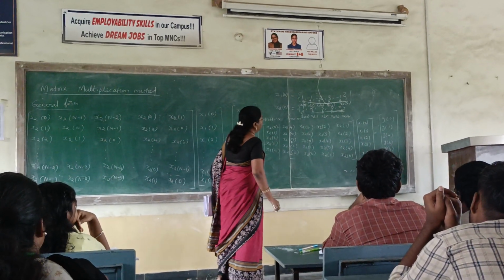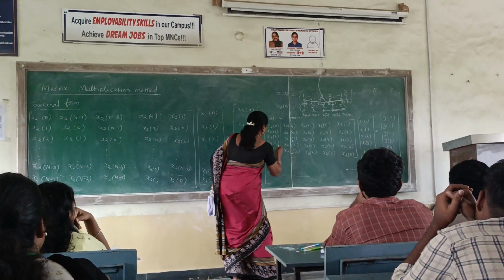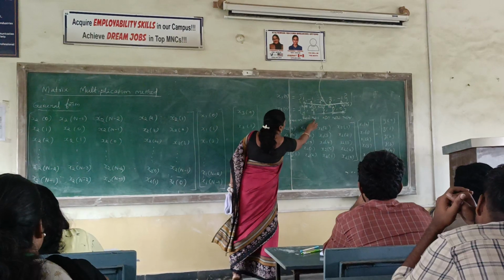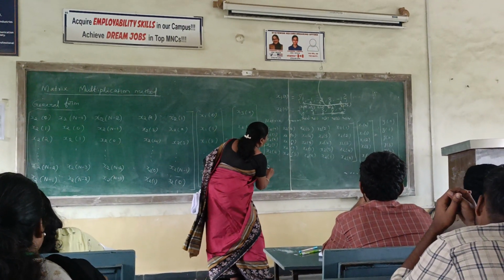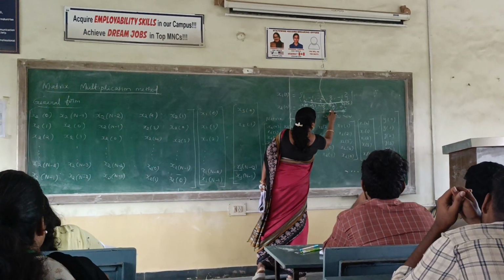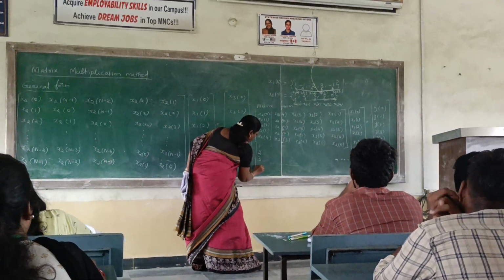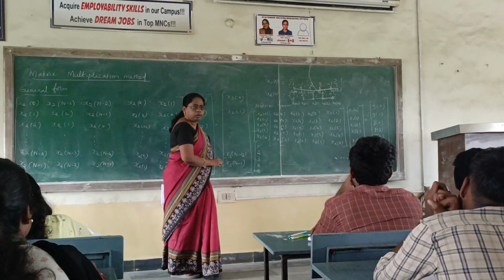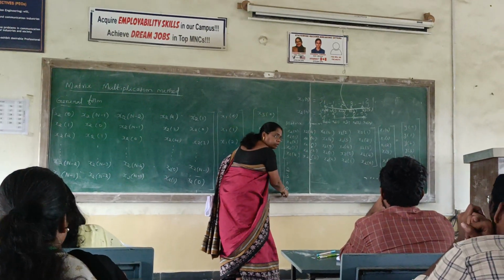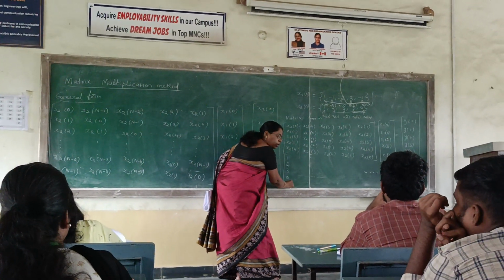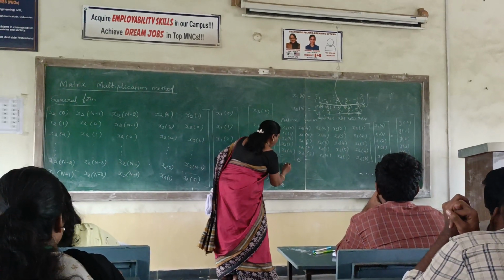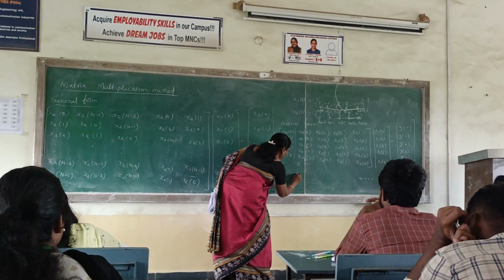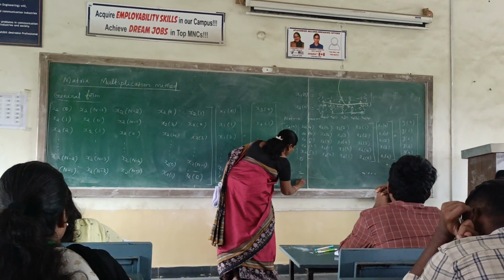Yes, come on. So what is x2 of 0 now? x2 of 0 is 1, and x2 of 1 is 2. The remaining elements are 1, 2, 3.